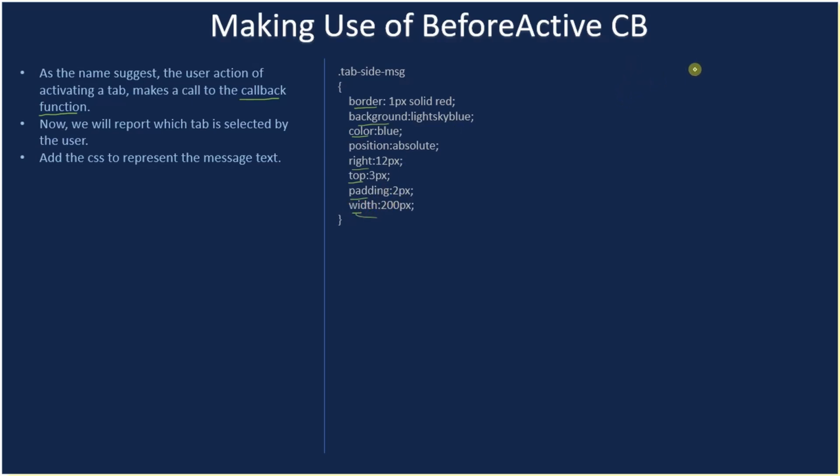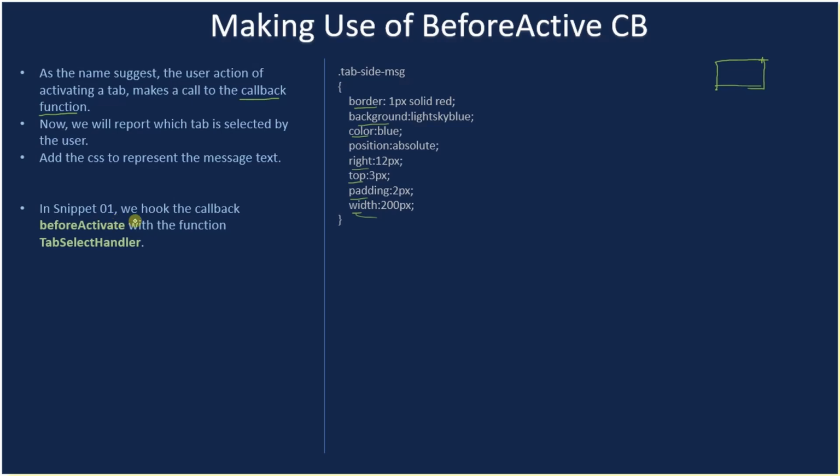We specify the top right corner, and then we also specify the width. So like this, we are defining our tab-side-message CSS rule. That's all. These are all the positioning related. And then we have border, background, color, and other stuff.